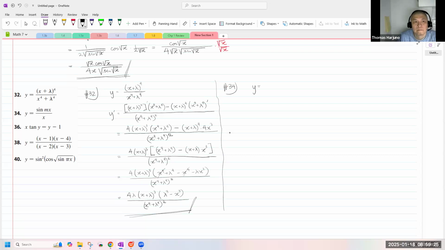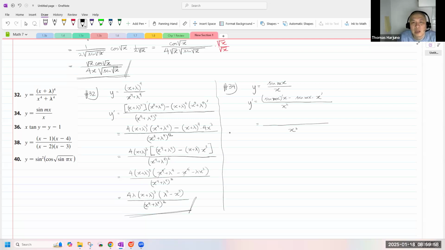Calc 1. Okay, in calculus in general, sine mx over x, the derivative will be, I think I would just do quotient rule. Okay, x squared on the denominator. On the numerator, the derivative of sine mx times x minus sine mx times x prime, which is just 1.